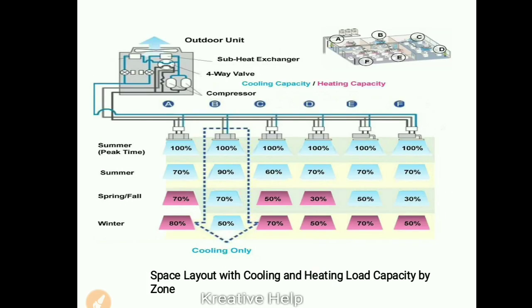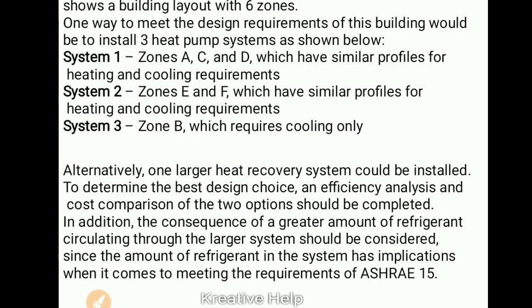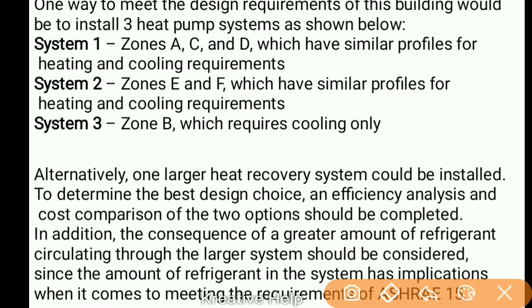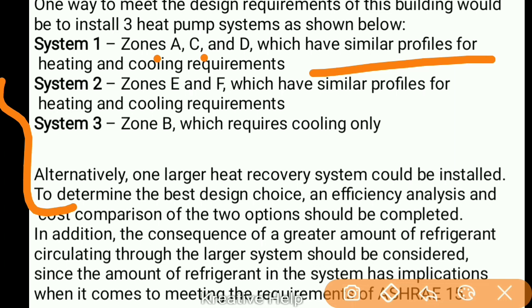So here you can see the graph. I have taken all the graphs, where summer, winter and all types of weather are taken, and the requirement is divided into three types. The ACD has a similar profile of heating and cooling requirement.